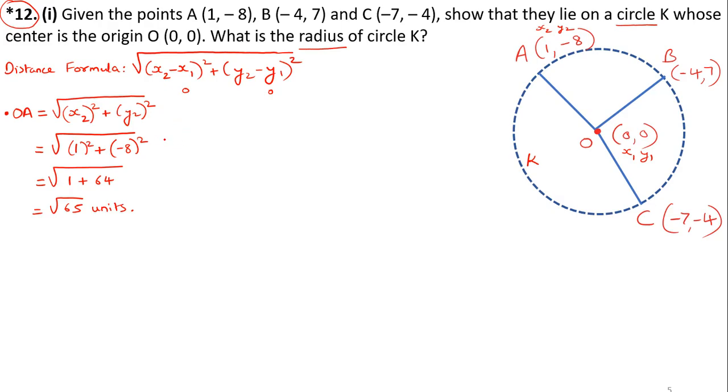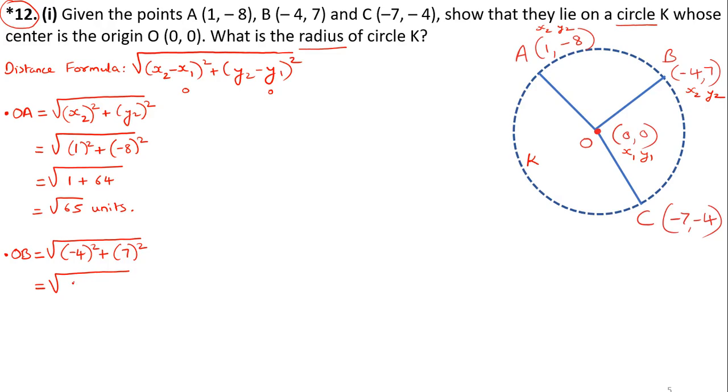Now similarly we will find for line OB. We will take OB with x2, y2, and anyway x1, y1 is 0, so we will calculate in the same way. x2 is minus 4, squared, plus y2 is 7, so 7 squared.